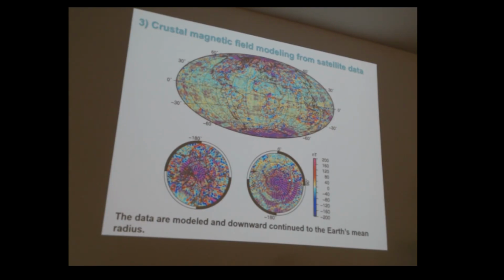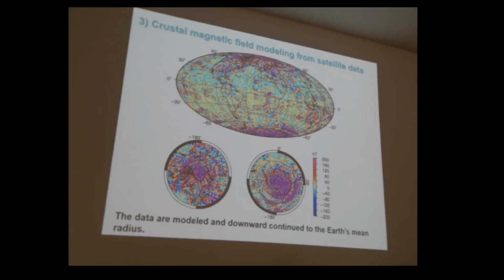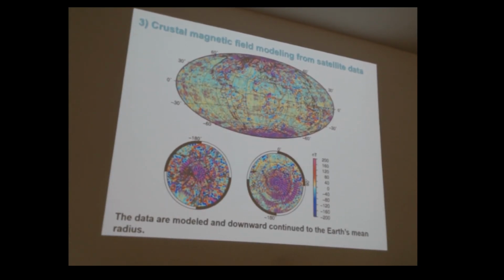So here you recognize things that you were mentioning in this model. We will not see exactly what you saw this morning because this is an accumulation of several years of data.